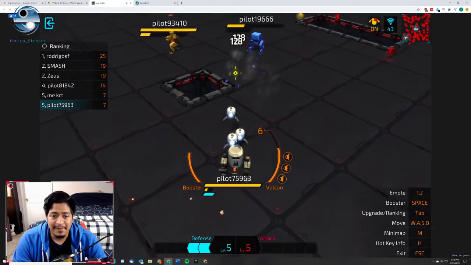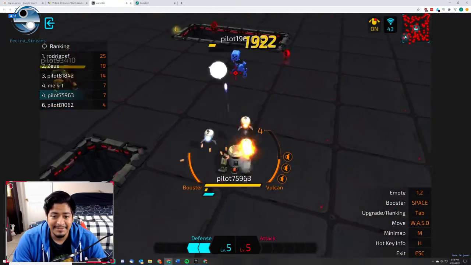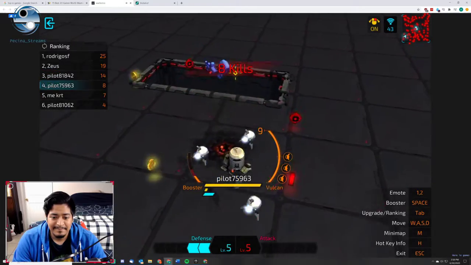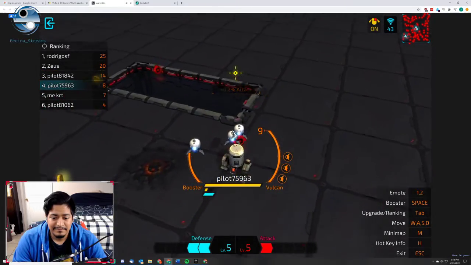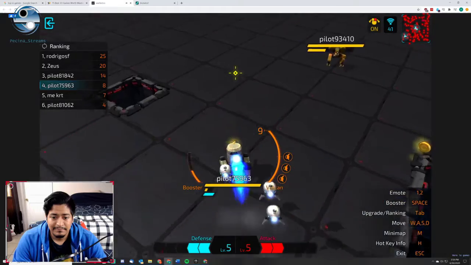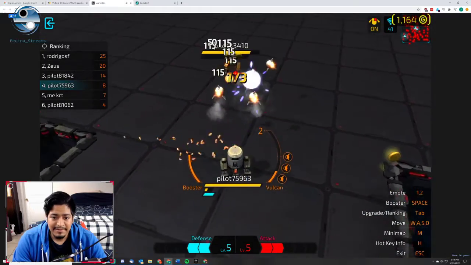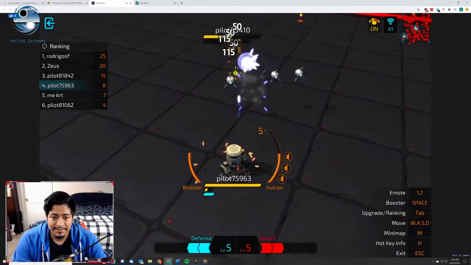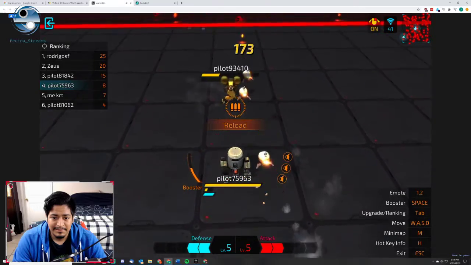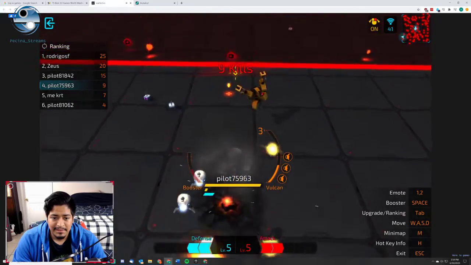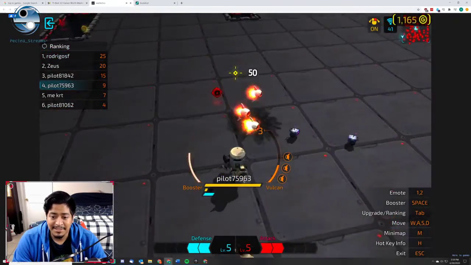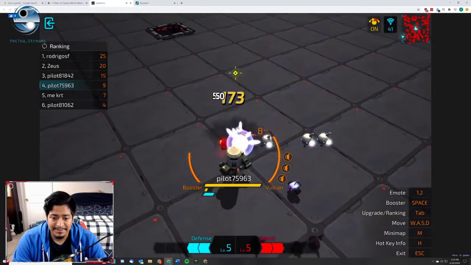Right here, you could fall into a hole and be maxed out and still die. Although I would say this would be more fun if there were more players. Like right now, you can absolutely tell almost all of these things are bots.